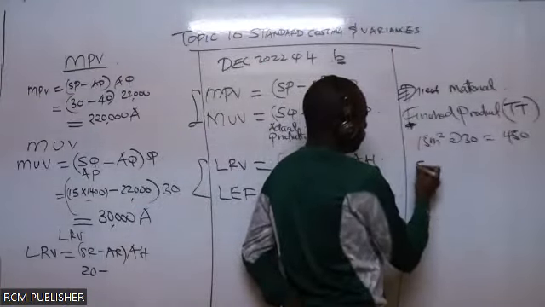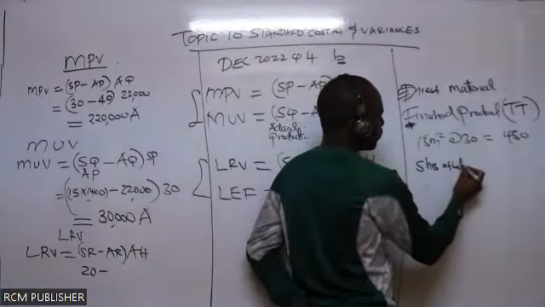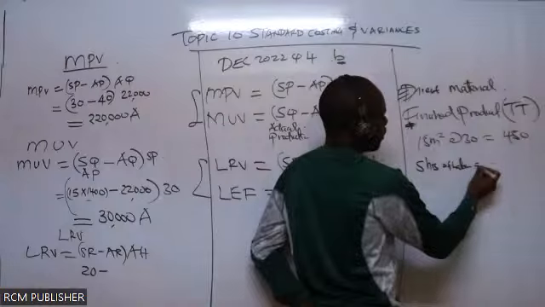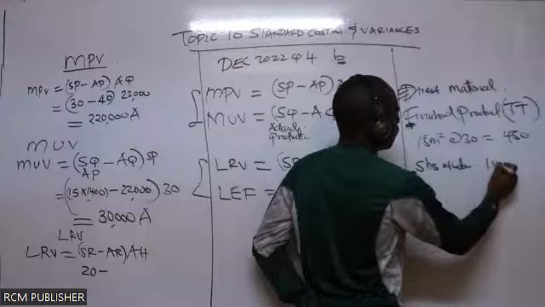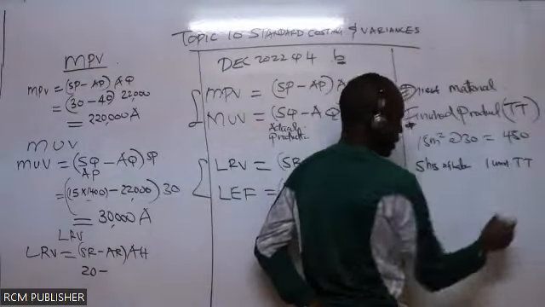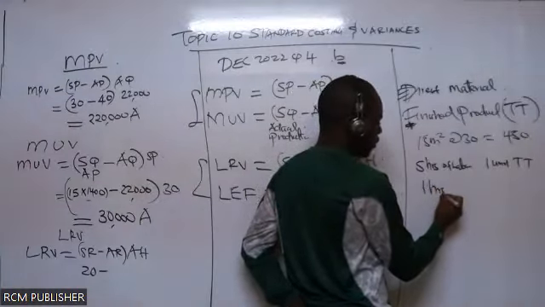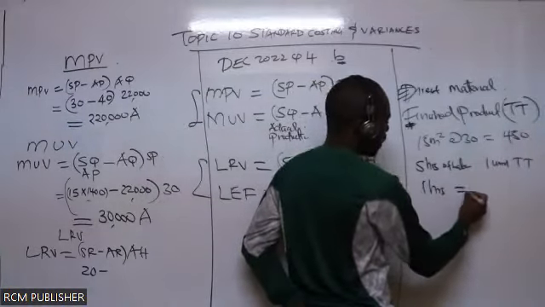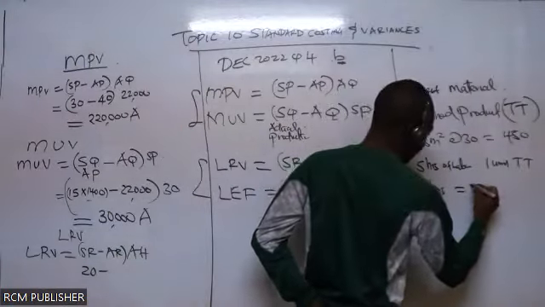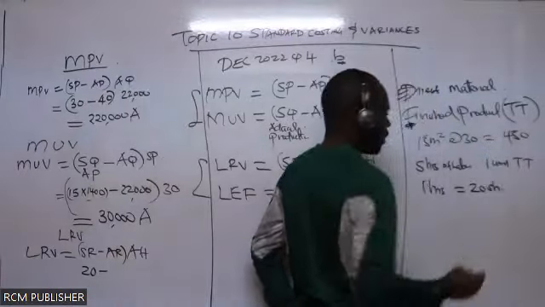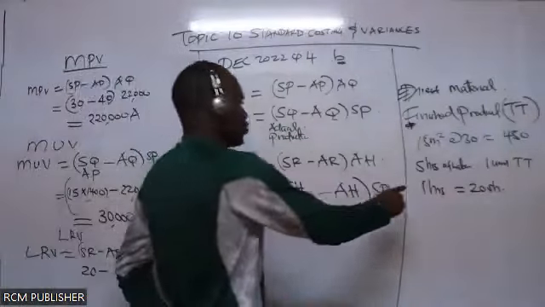5 hours. We need 5 hours of labor to produce 1 unit of TT. But for 1 hour of labor, they are going to charge us 20 shillings.